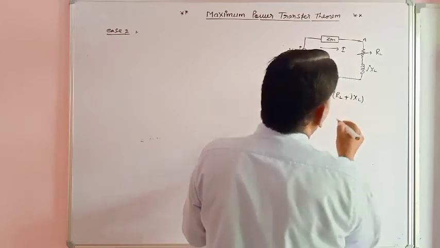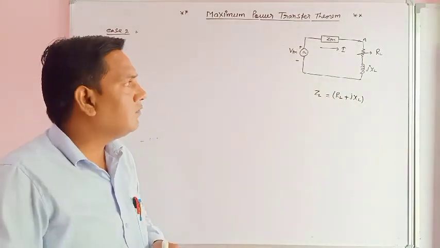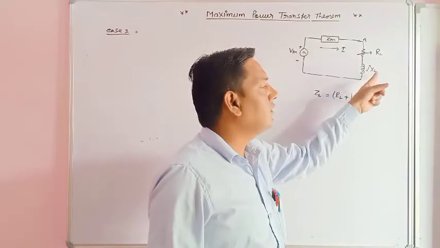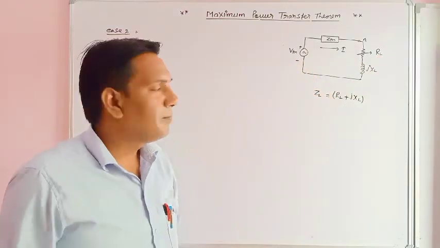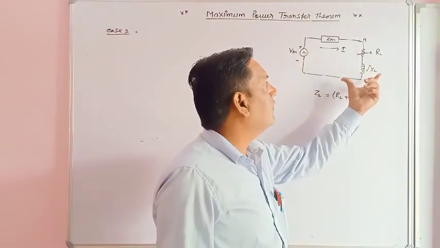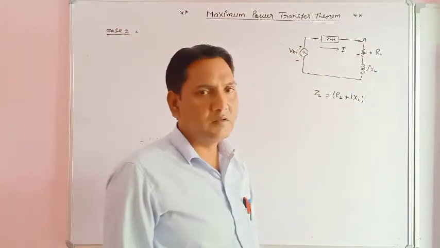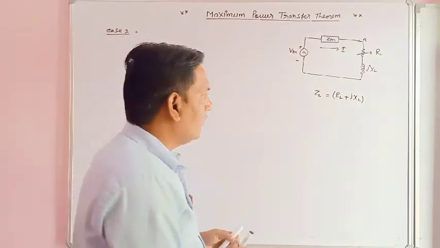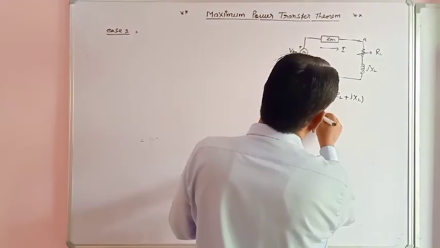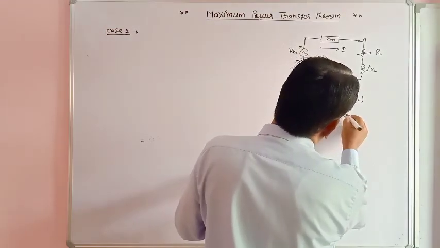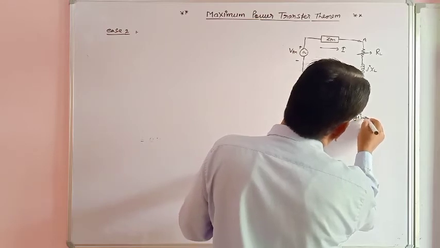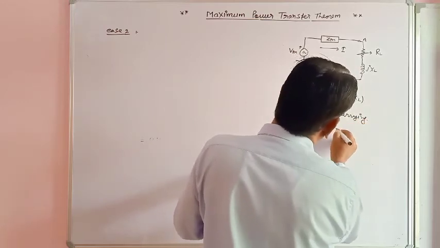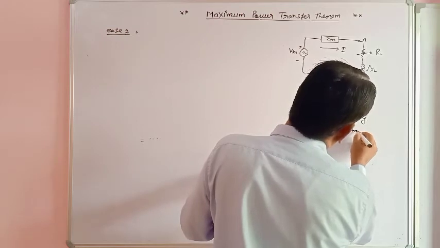But the difference is, in the general case we considered that both the resistance and reactance are varying, but in this particular case we are varying only the resistance. We are keeping the load reactance constant. So here RL is varying and XL is constant.